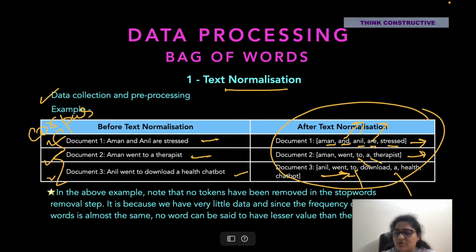Since it is very small, they will also have equal or good weightage. So we are not removing them. Otherwise, we would have removed them while normalizing the text. I hope this is clear. So we'll move from here.